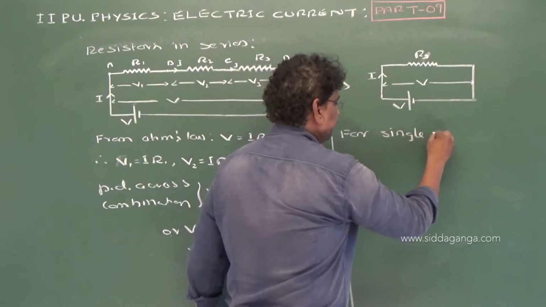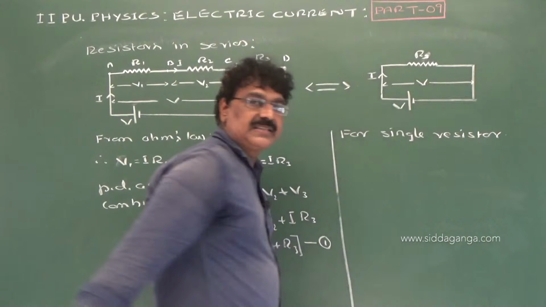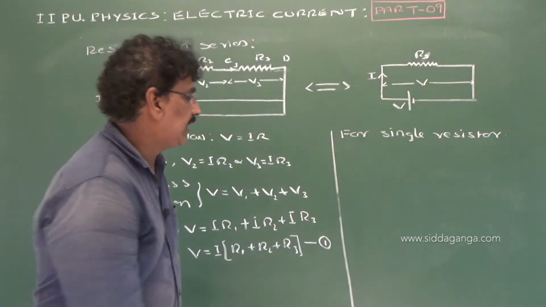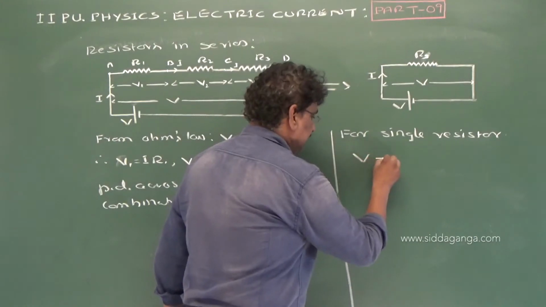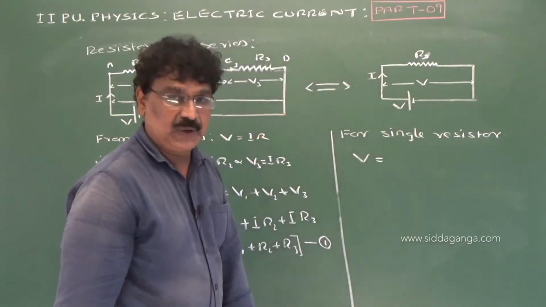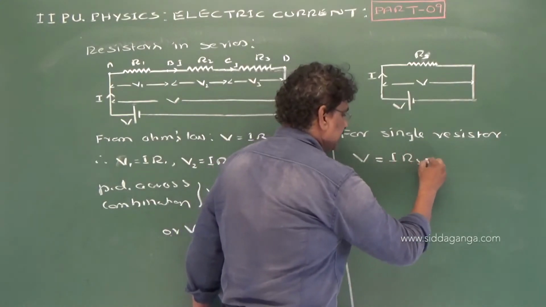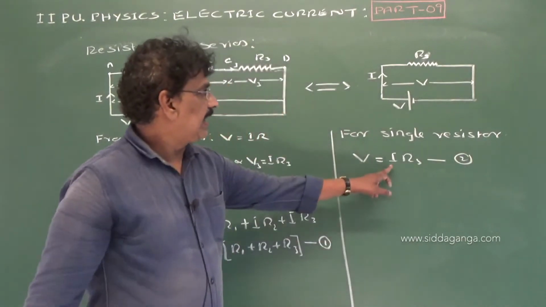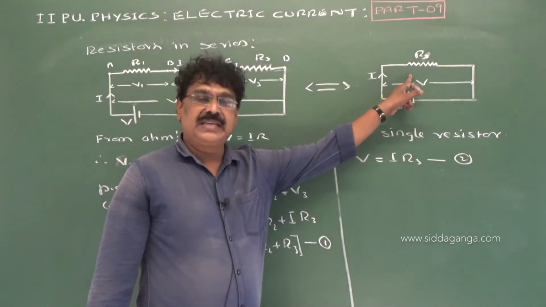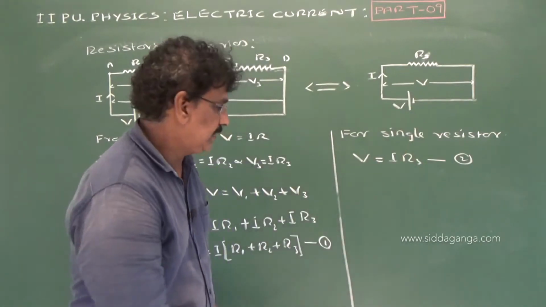Now, for the single resistor, the potential difference V is equal to I into RS. Let us take it as equation number 2, where I is the current flowing through the single resistor and RS is the resistance of that single resistor.